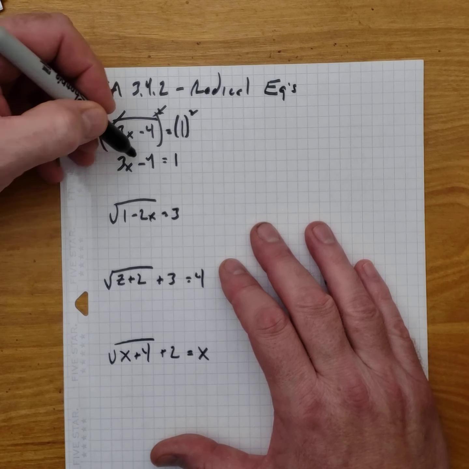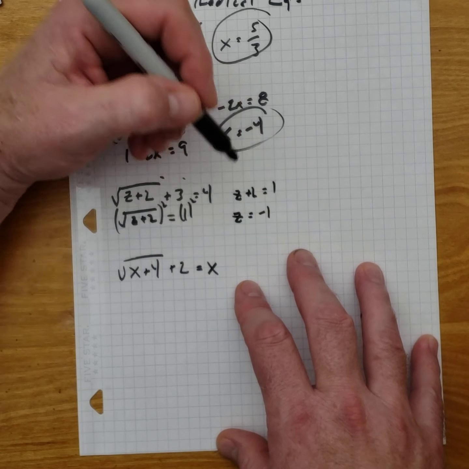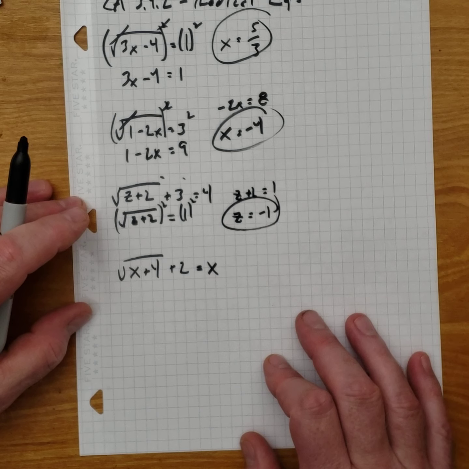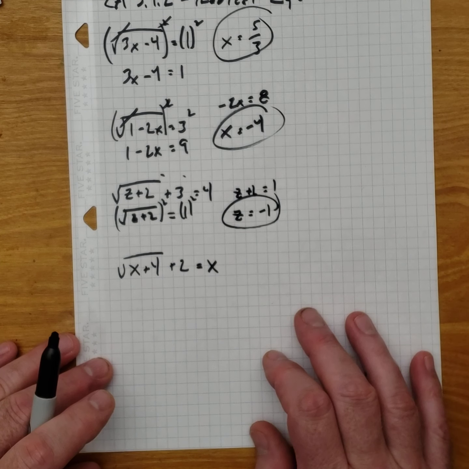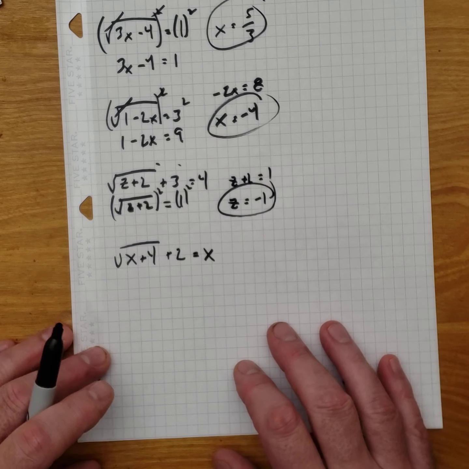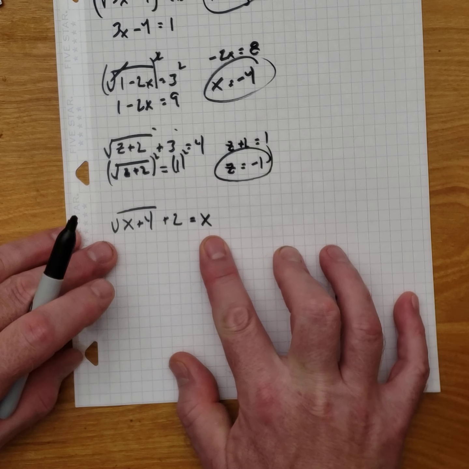Isolating the radical means getting the square root alone on one side and everything else on the other side, so we can do our square both sides step. And that'll give us z plus 2 on the left and 1 on the right. So z is going to equal what? Negative 1 there, I guess.